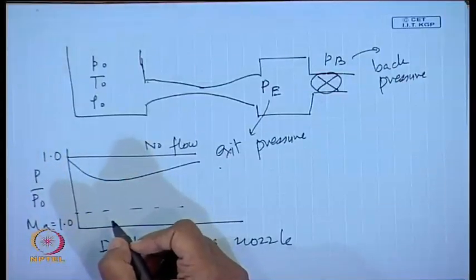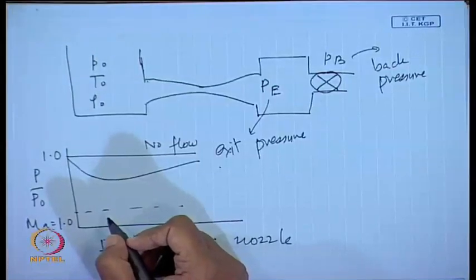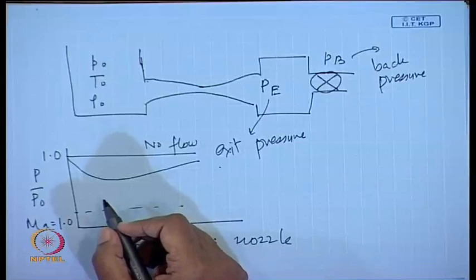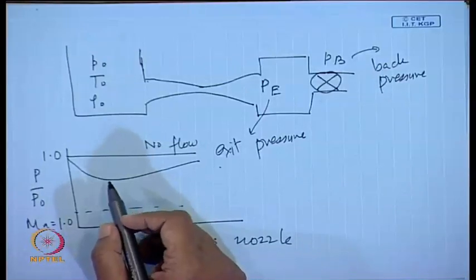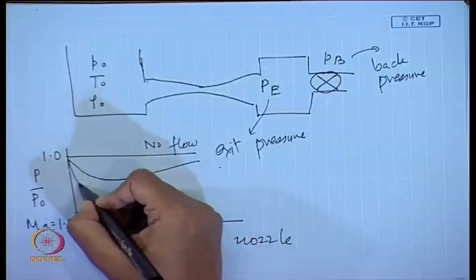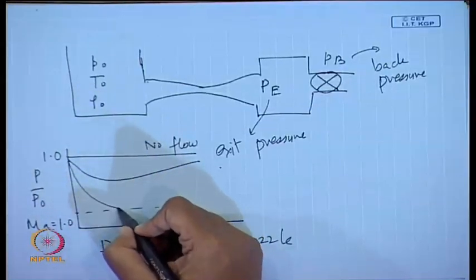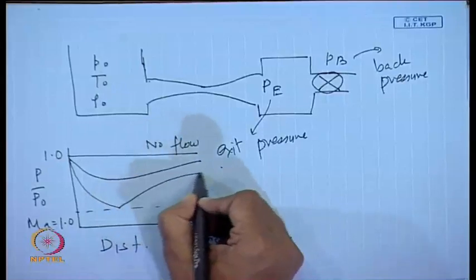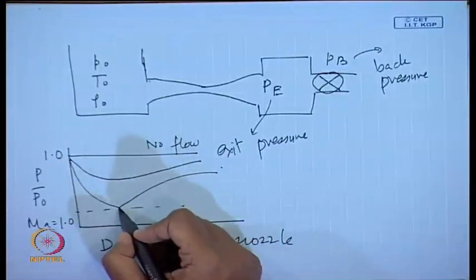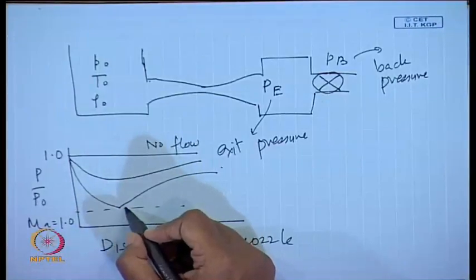Okay. After that, we keep on lowering Pb in such a way that finally we get sonic conditions at the throat. So, we get it something of this sort, and the moment we get sonic condition at the throat, the flow rate is maximum, just like it was in the previous case.